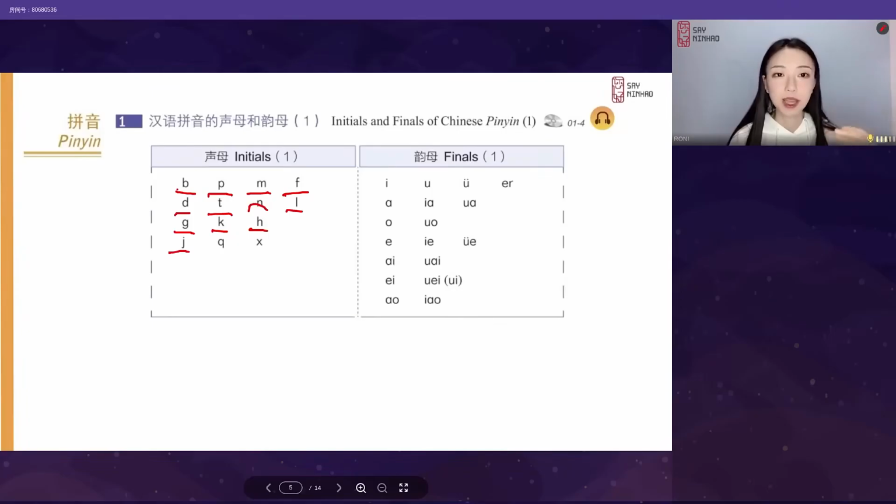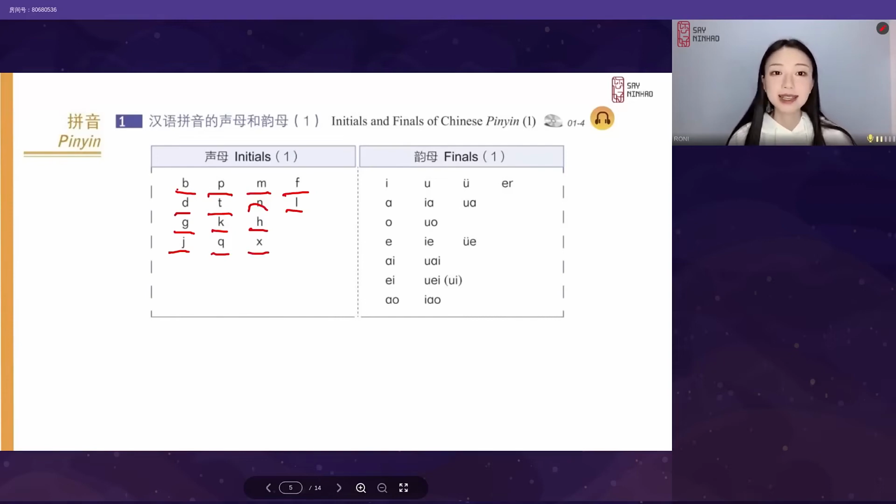Try to make your tongue touch your upper gum, okay? 鸡, 鸡. Next is 七, 七, 七. Touch your upper gum again.